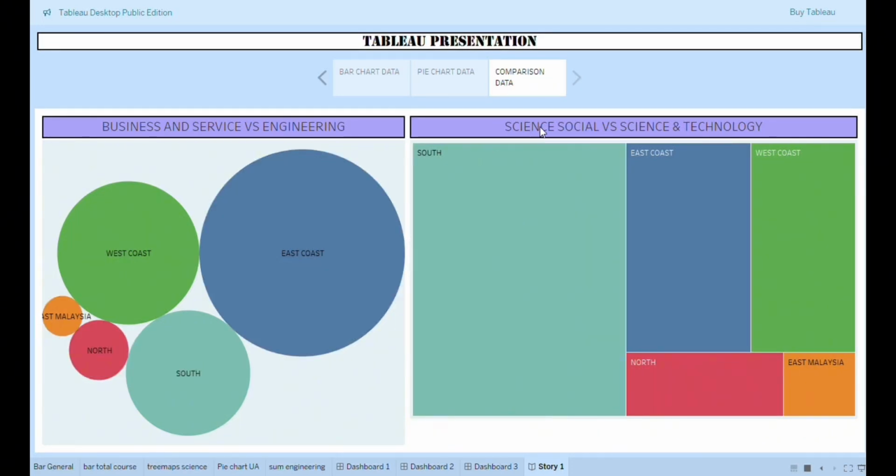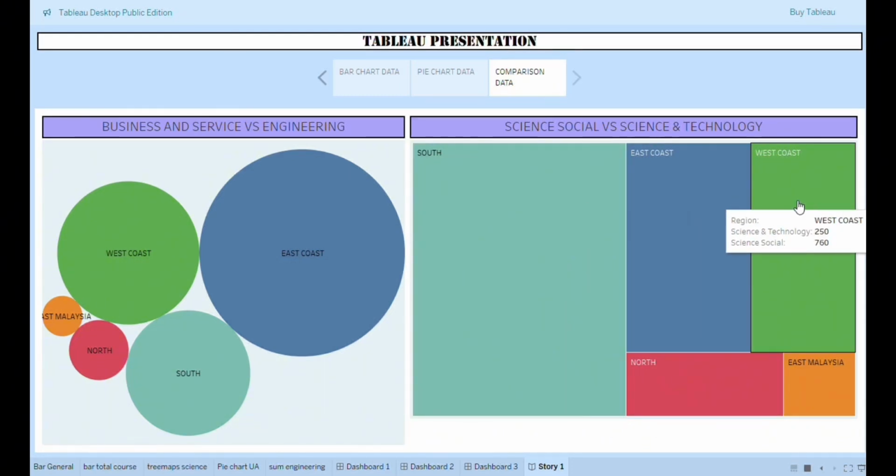Next, we move to the second data, which is science social versus science and technology in the tree map. We can see the South occupies the largest area, showing the highest in science and technology, where science social is 424 and science and technology is 663.